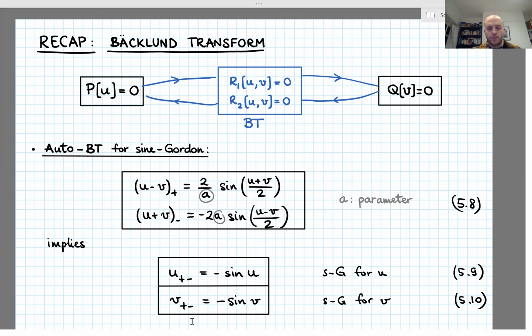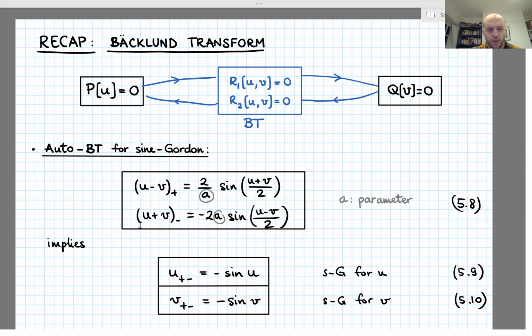And also an equation for v, which is the same equation, the Sine-Gordon equation, now written for v. So it's v plus minus equal to minus sine of v. And in this particular case, we didn't need to use one differential equation to obtain the other differential equation. So this is not always the case, but it's true for the Sine-Gordon equation.